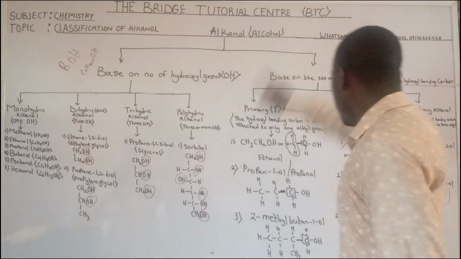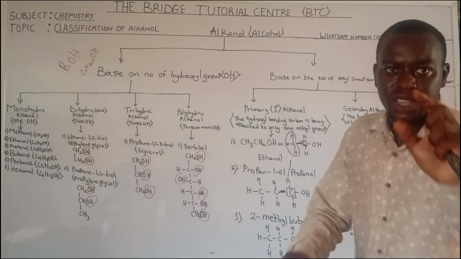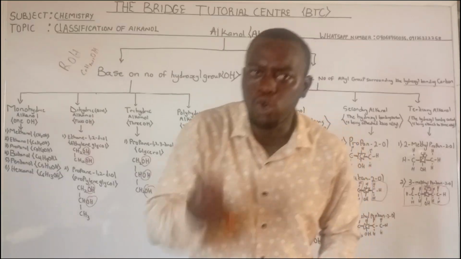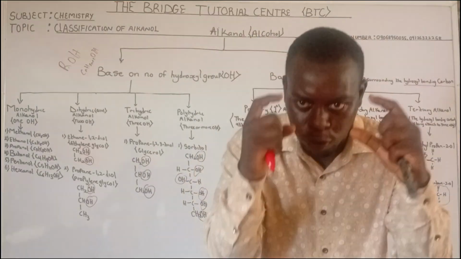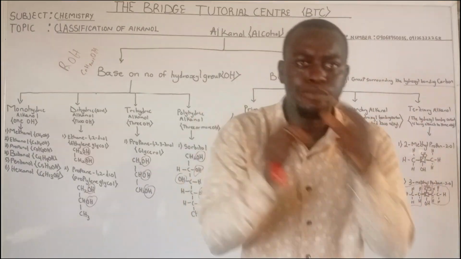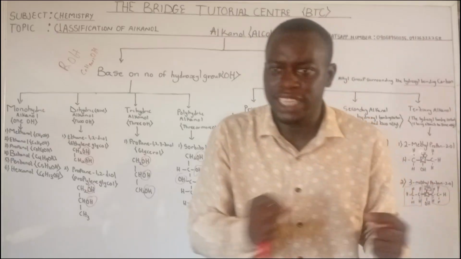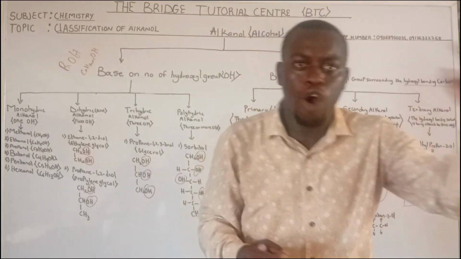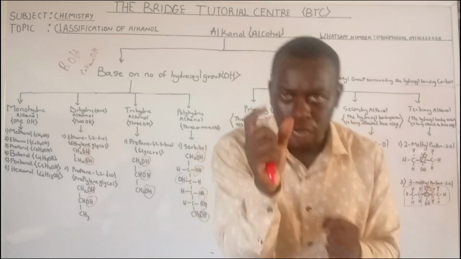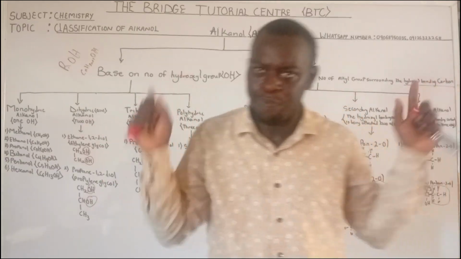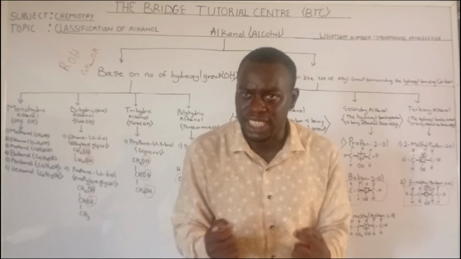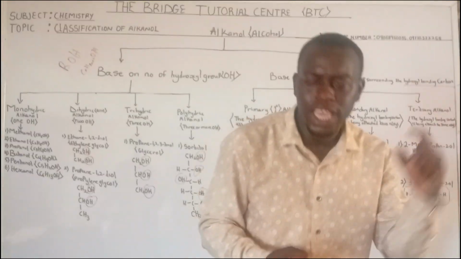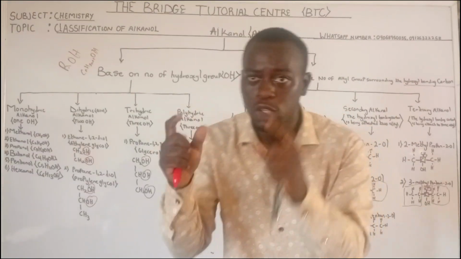That's the first trick. The second trick is that for tertiary alkanol, your hydroxyl group and your alkyl group must be on the same carbon. For example, 2-methylpropan-2-ol: the alkyl is on carbon 2 and the OH is also on carbon number 2, so you know it is tertiary. Or another example, 3-methylpentan-3-ol. Your alkyl is on carbon number 3 and your hydroxyl is also on carbon number 3.